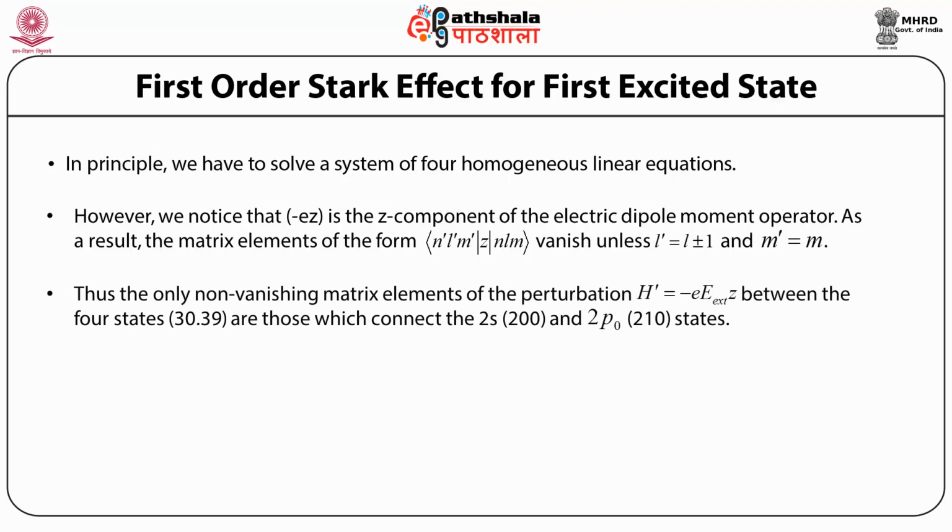Thus, the only non-vanishing matrix elements of the perturbation H prime, equal to minus e E external z, between the 4 states are those which connect the 2s 200 and 2p0 210 states.